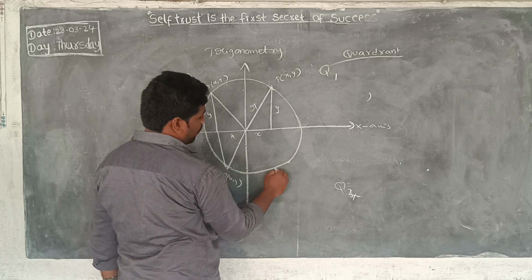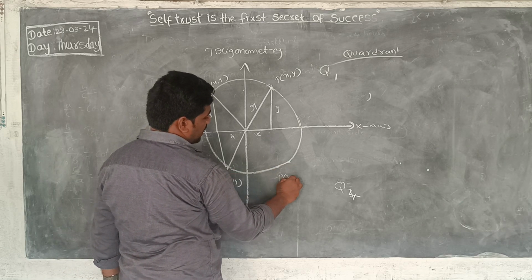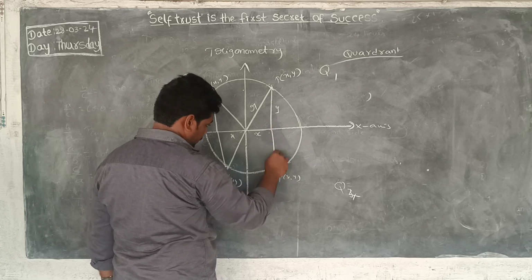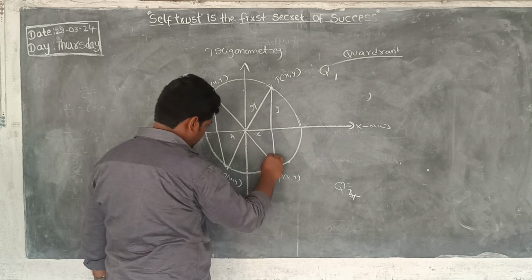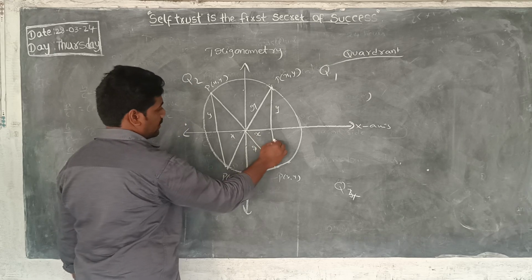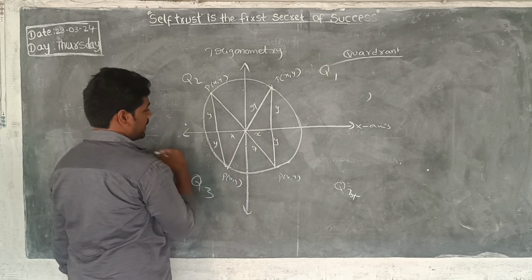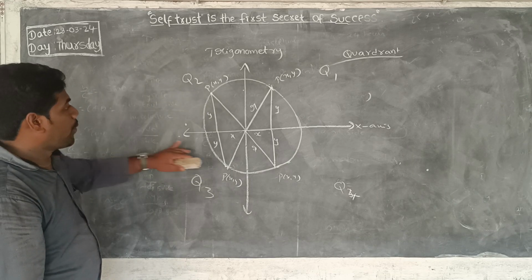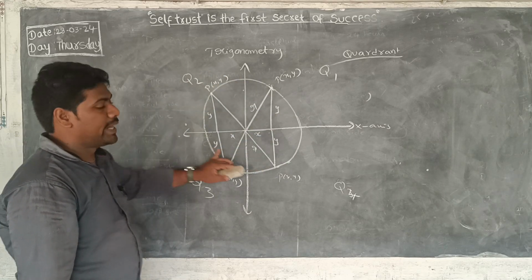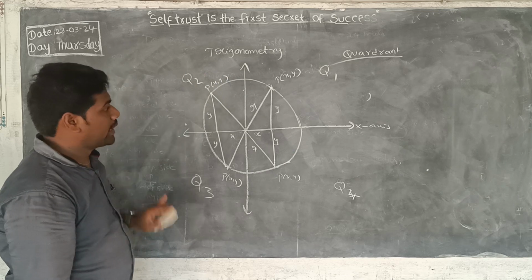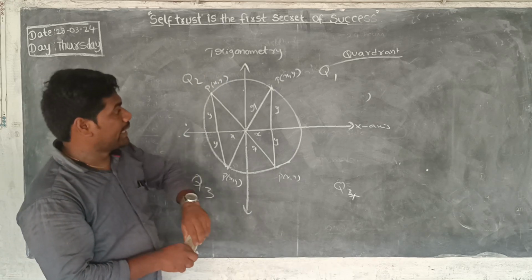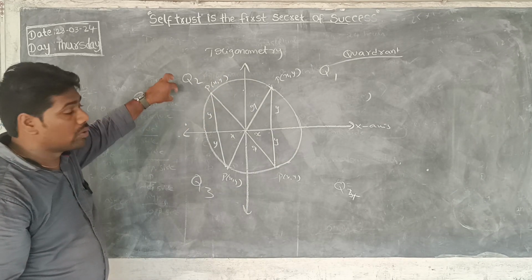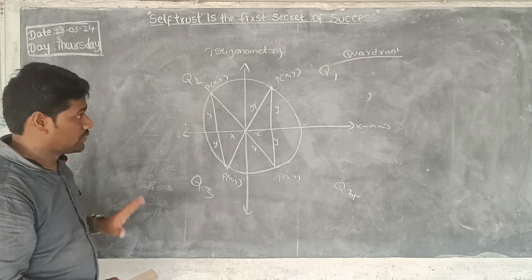Next, I am taking the point here, this is P x comma y, and this is radius. This is y, this is x. Okay, so when the point is rotating in these 4 quadrants, we have to see what happens to the trigonometric ratios.